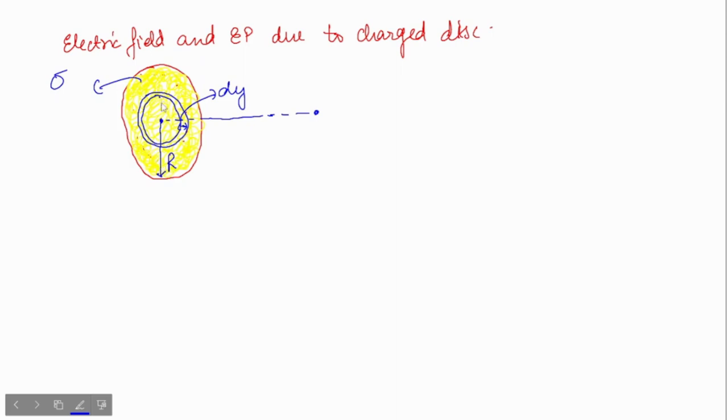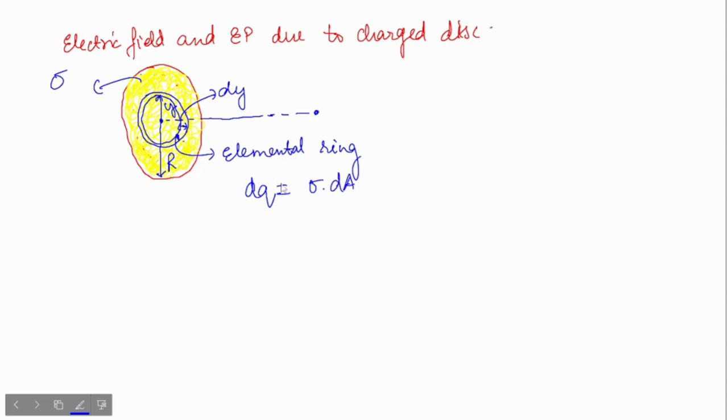This dy is at a distance of y from the center of the disk. Now the charge on this elemental ring will be sigma into dA, where dA is the area of that elemental ring.